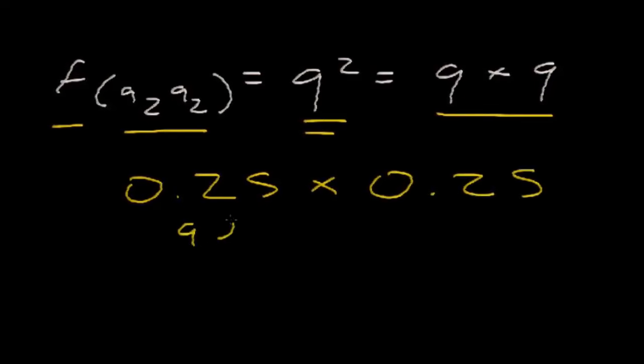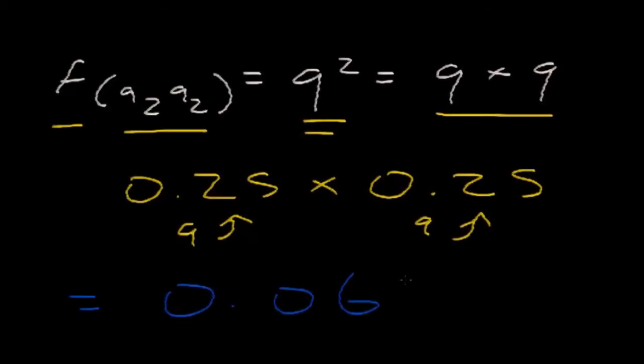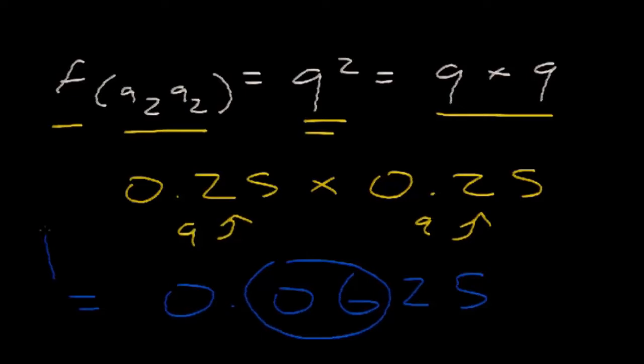That gives us a value of 0.0625. So about 6% of our population at equilibrium should carry the genotype A2, A2.